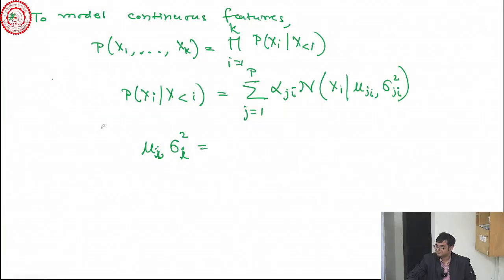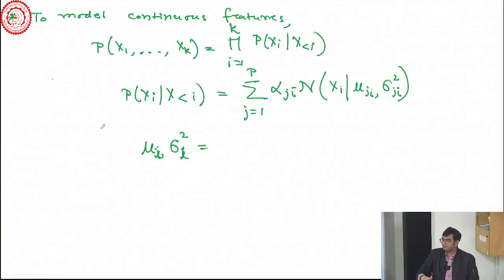I'll repeat once more. You have, let's say, k locations. Think of the MNIST 784. But now it is not MNIST, so at each of these locations it is a continuous value, not binary. So this i goes from 1 to 784. Now for each of these i, it's continuous, modeled using a mixture of Gaussians. So that mixture of Gaussians has p components.